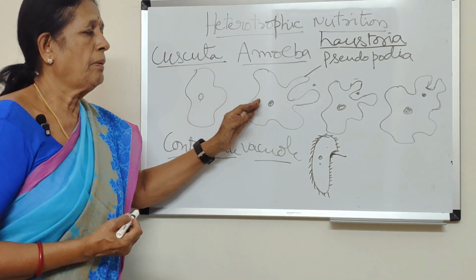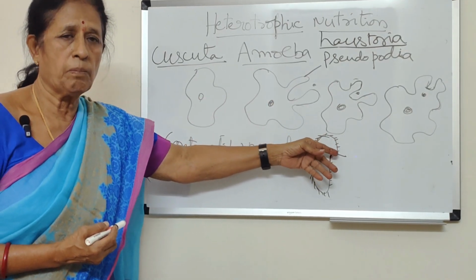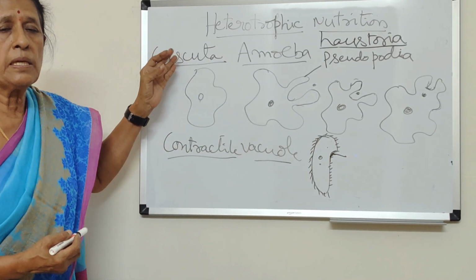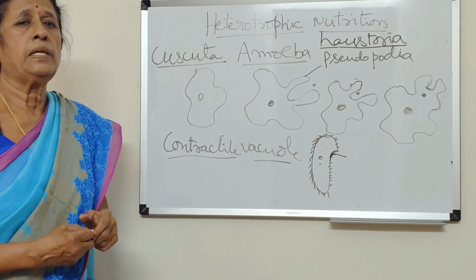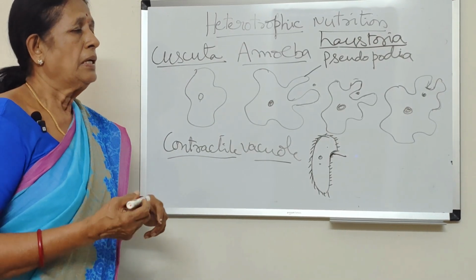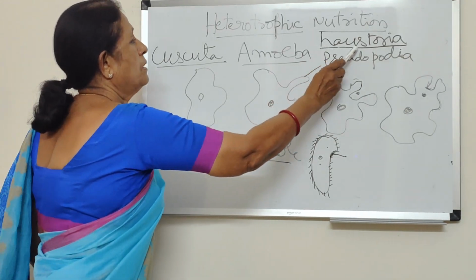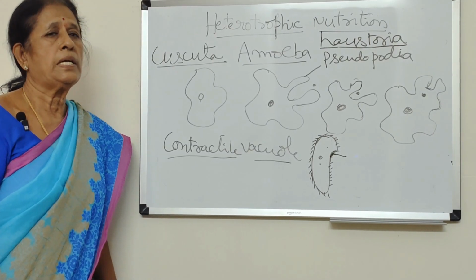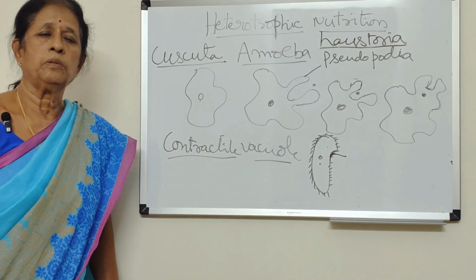So in this way, amoeba is producing pseudopodia, paramecium has a specific place for taking the food, and an example of a parasitic plant is Cuscuta, which lives on the host plant and absorbs the food material by means of finger-like projections, which are called haustoria. So this is a heterotrophic type of nutrition.